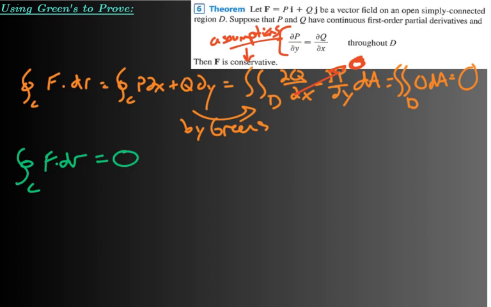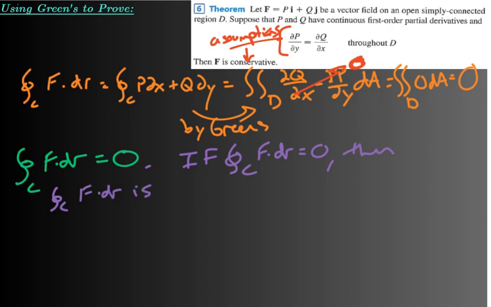And we also had a result in that last section that said if the line integral around a closed path equals 0, then the line integral is independent of path in D. It's actually an if and only if, so that's just what it means.